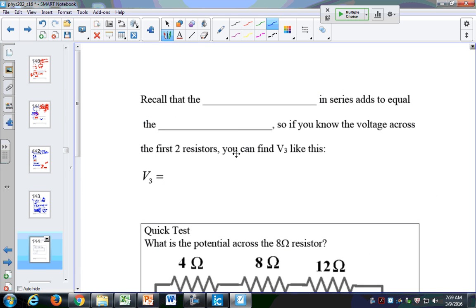Recall that the change in voltage across the resistors in series adds to equal the change in voltage across the battery.